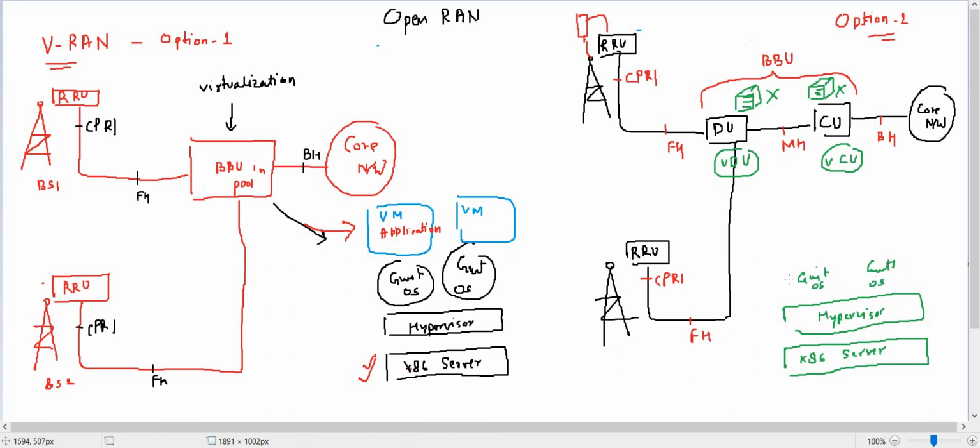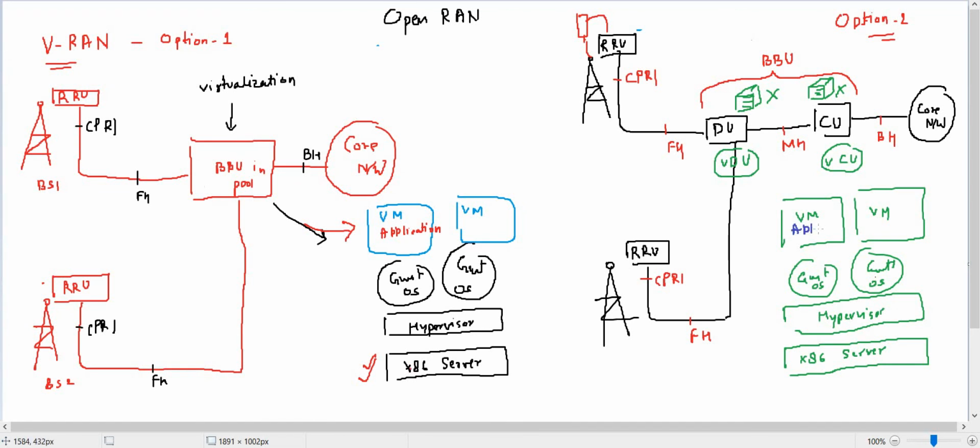On that guest OS we will install VMs, and on that VM we will install an application.